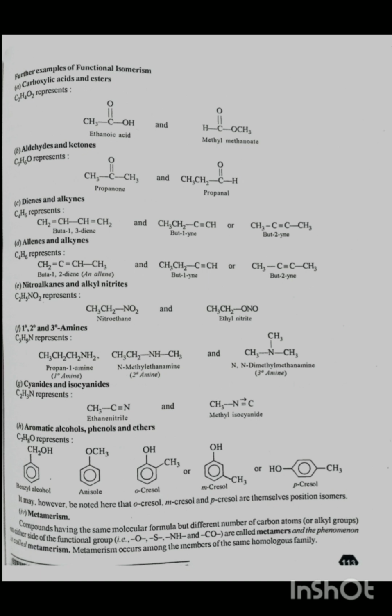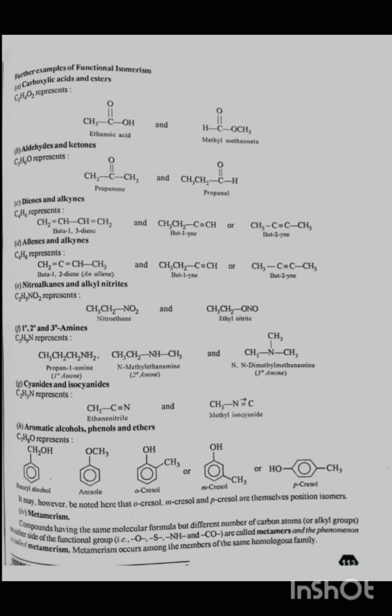Further examples of functional isomerism. A. Carboxylic acids and esters. C2H4O2 represents ethanoic acid and methyl methanoate. B. Aldehydes and ketones. C3H6O represents propanone and propanal. C. Dienes and alkynes. C4H6 represents buta-1,3-diene and but-1-yne or but-2-yne.